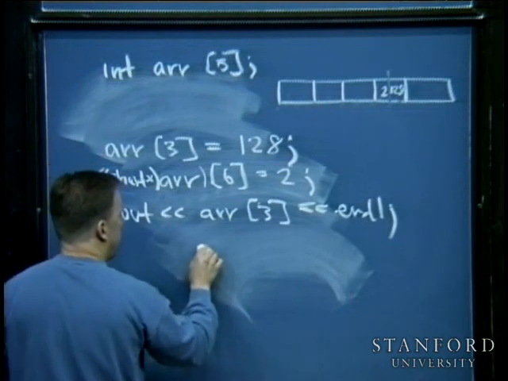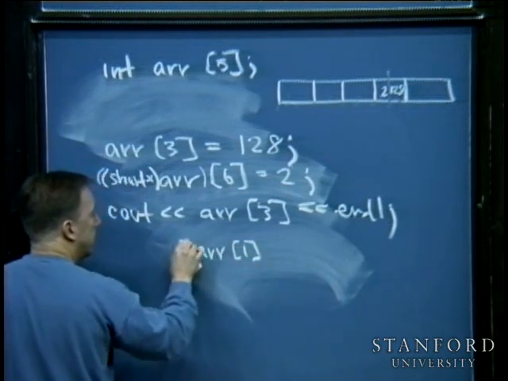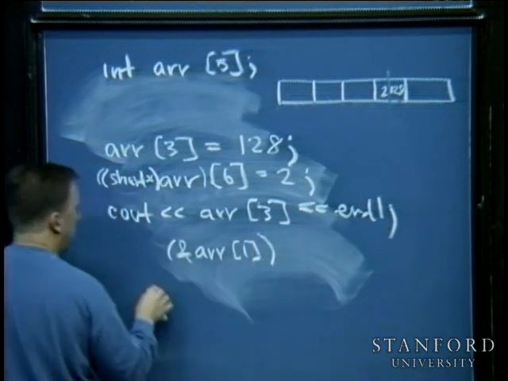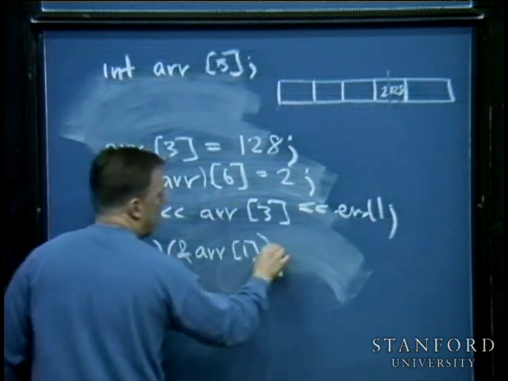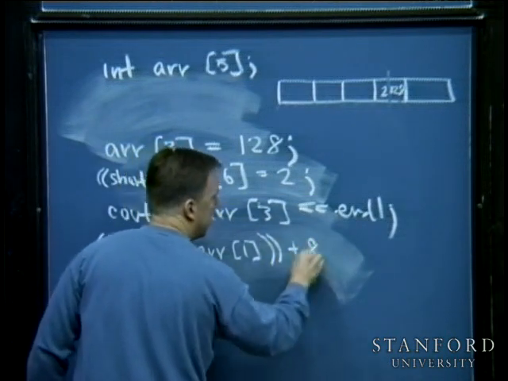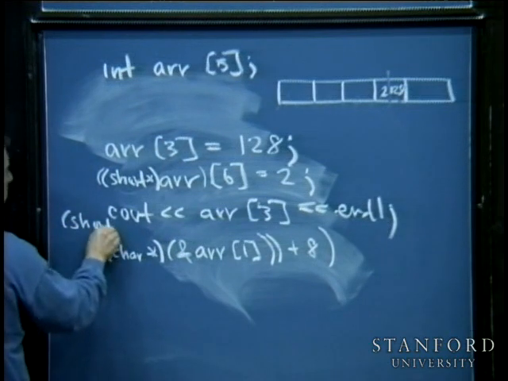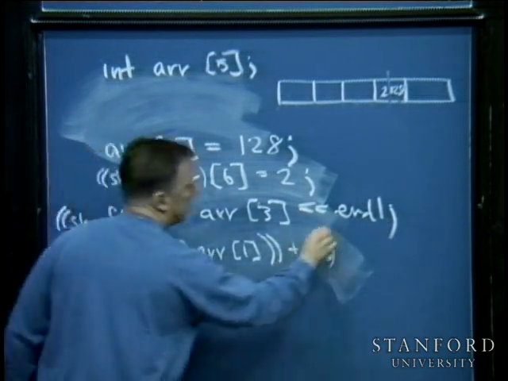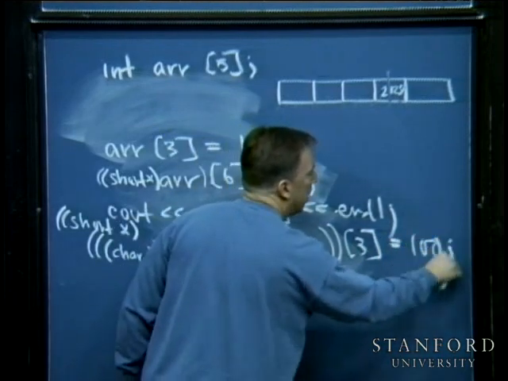If I want to set the address of ARR of 1, and I want to cast that to be a char star, I want to add 8 to that, and I want to cast that to be a short star, and I want to find the third short after that and set it equal to 100.